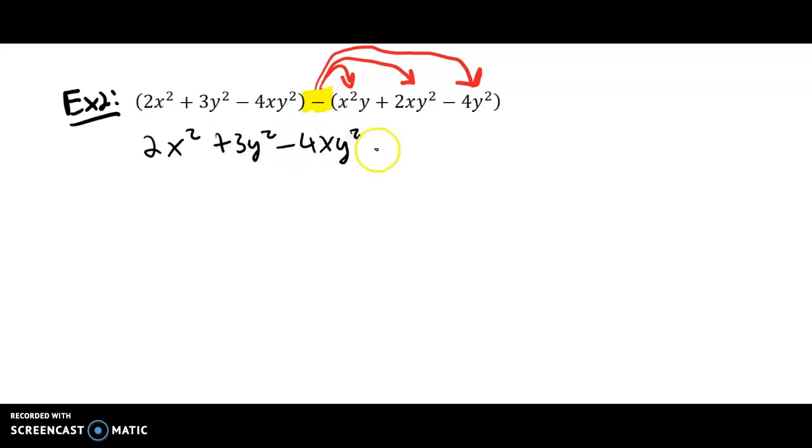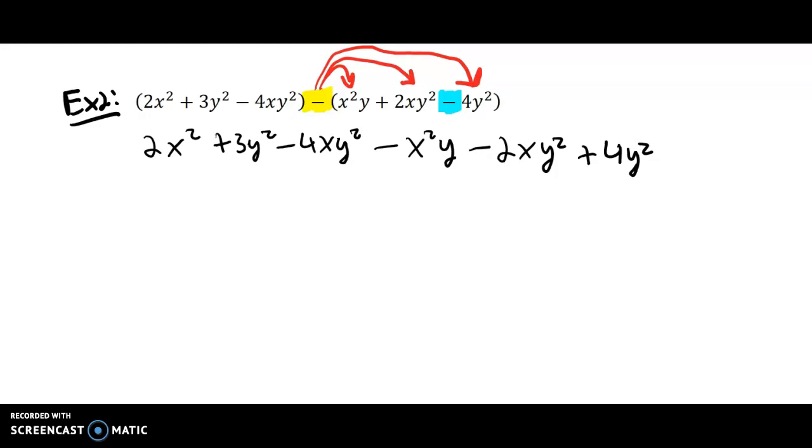Now I've got negative x squared y minus 2xy squared, and then plus, that would have been a double negative, plus 4y squared. So all the signs just switch for everything after the negative sign.